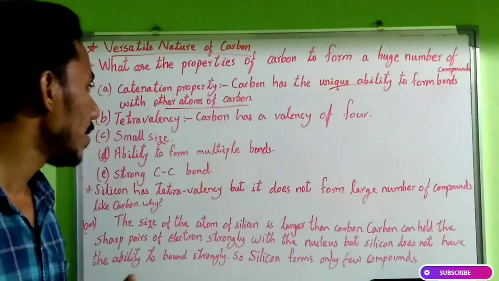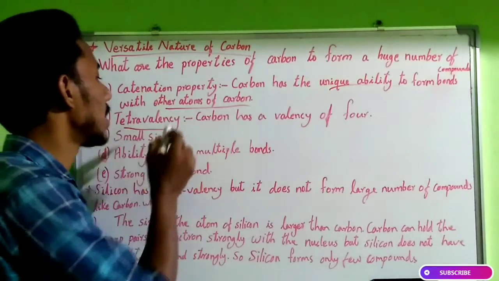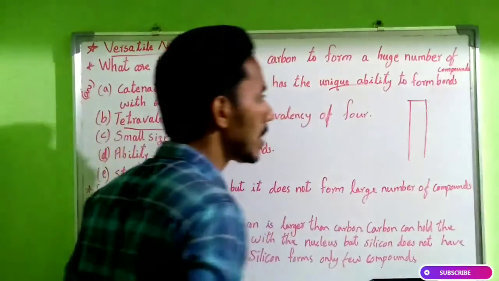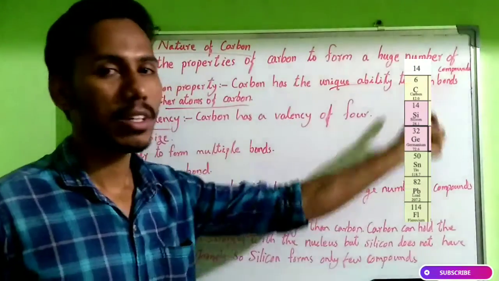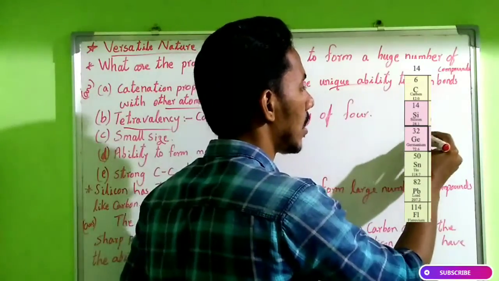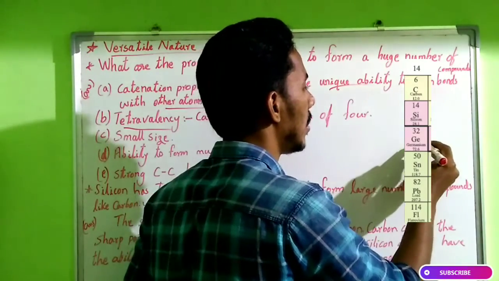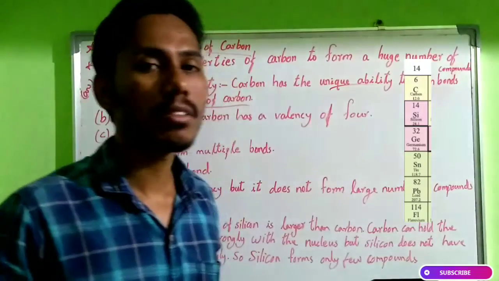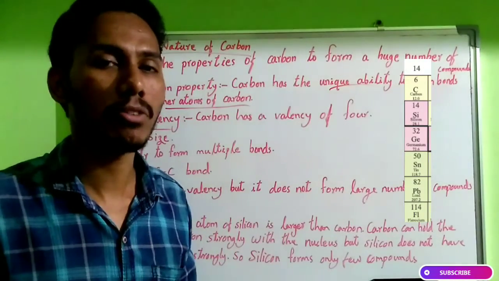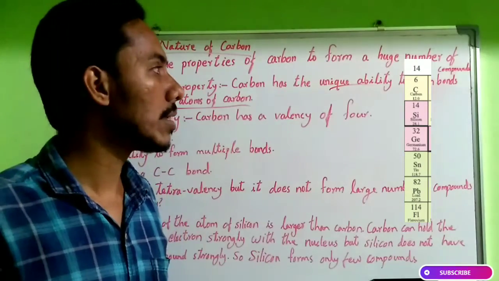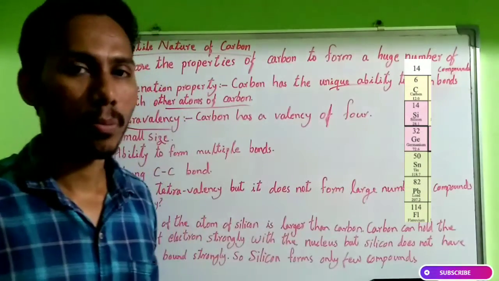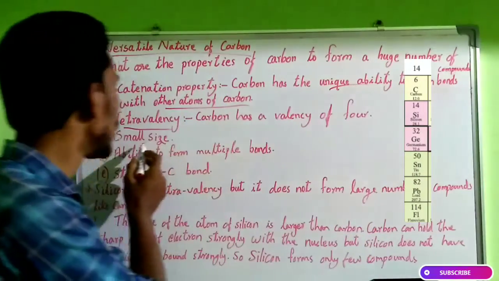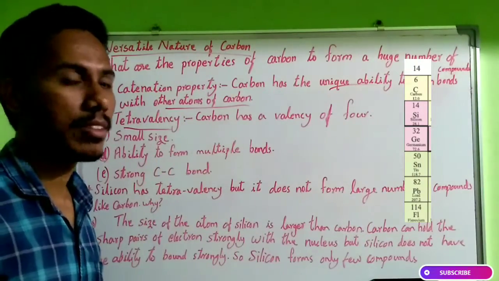Okay. Then this property, tetravalency. In our periodic table, there is a group for carbon: carbon, silicon, germanium, tin, lead. These elements are tetravalent. The other elements cannot make a huge number of compounds by using this tetravalency property, because carbon is smaller in size.